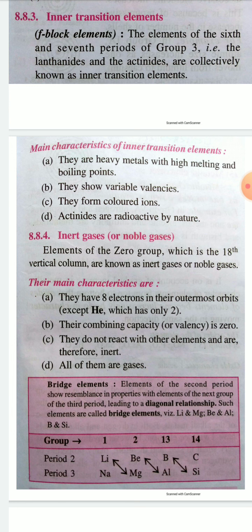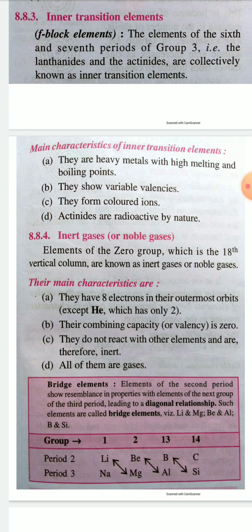You have to remember, 8 electrons in the outermost shell is the most stable electronic configuration. So those elements are stable in nature, non-reactive, and will not react with other elements.